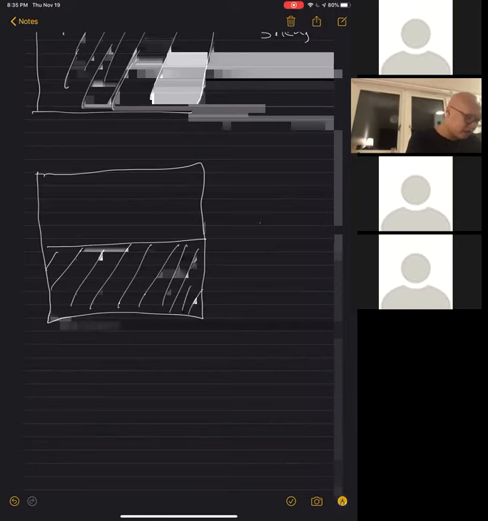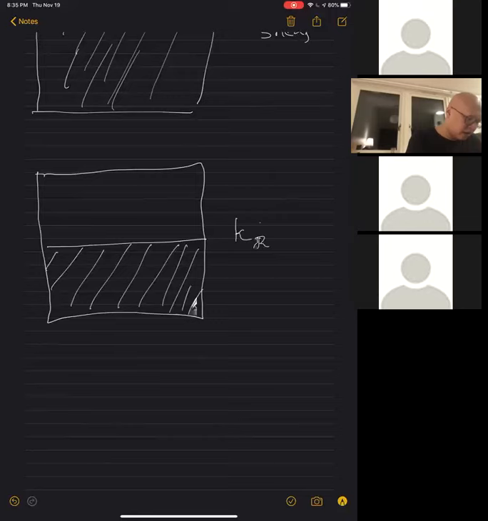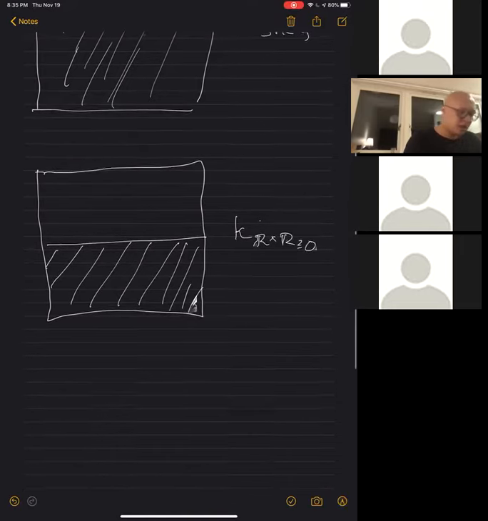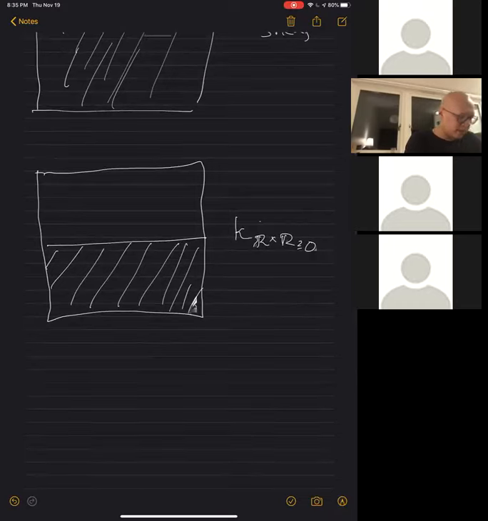So I'll write this as K on R cross R less than or equal to 0. So this is another sheaf, also on this manifold.